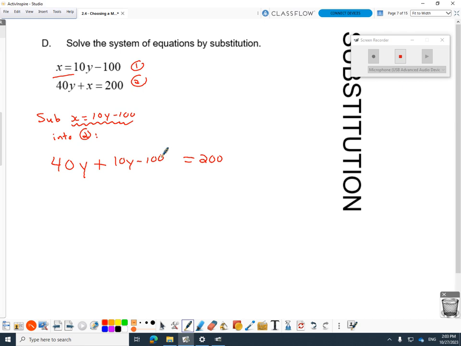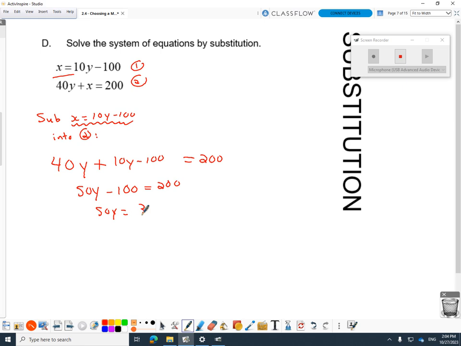After that, it's not bad. It gets better after that. 40 yogurts and 10 yogurts, 50 yogurts. It's not yogurts, it's y's, but it helps to think it through. Opposite of subtracting 100, adding 100.